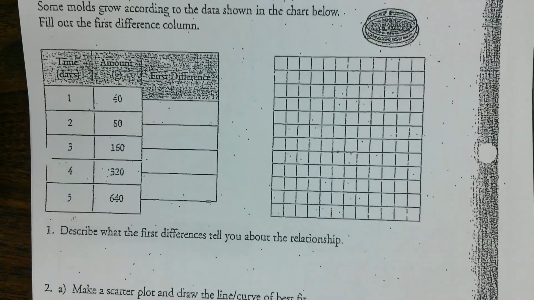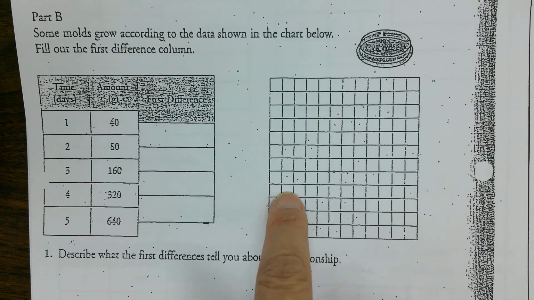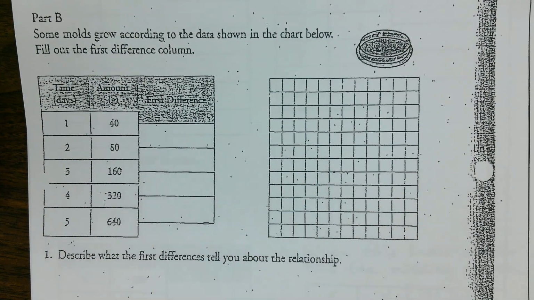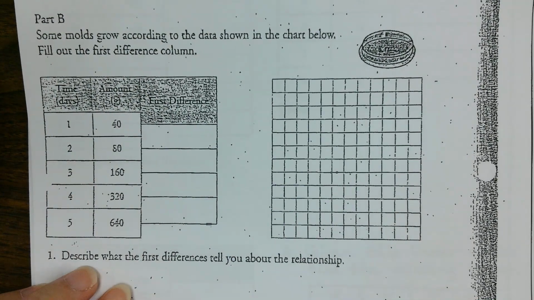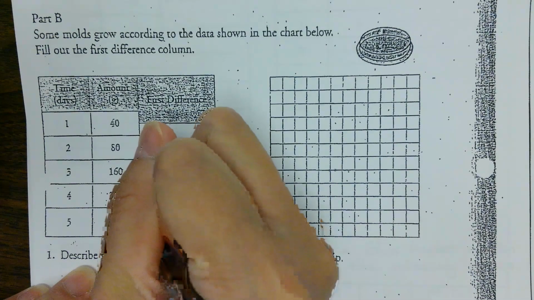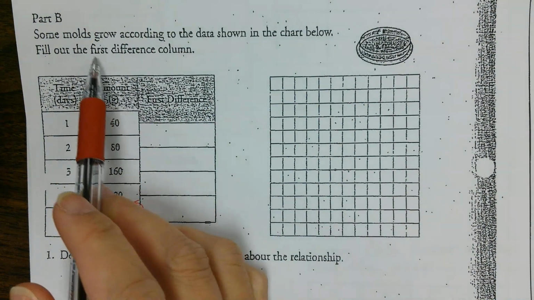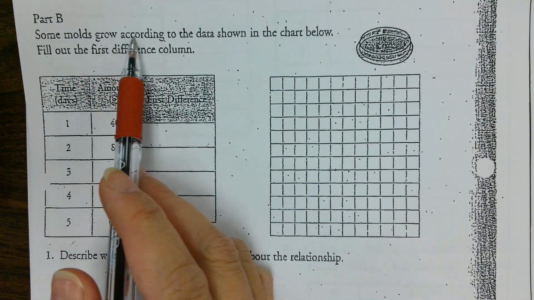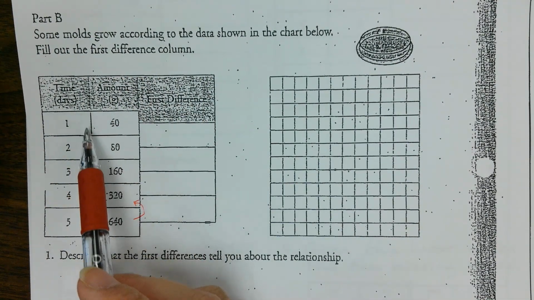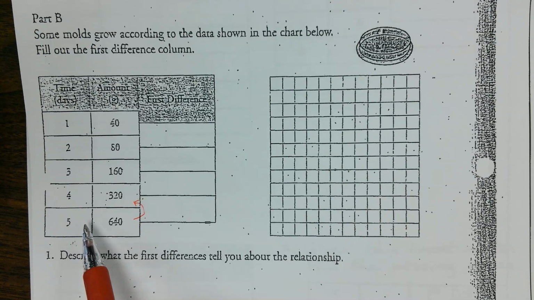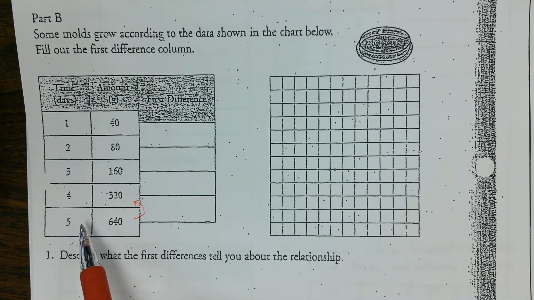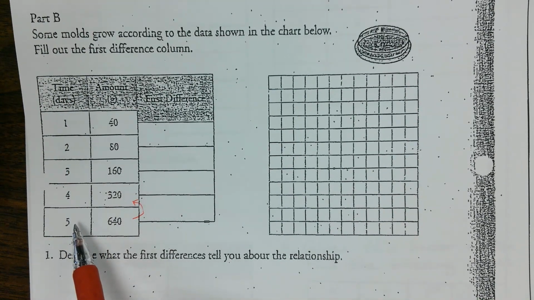Okay. Have you guys done this? Do you guys need another minute or we can take it up? Okay. So, first difference in this case. Some mold is growing, and you decided to record the amount of mold that's growing per day.